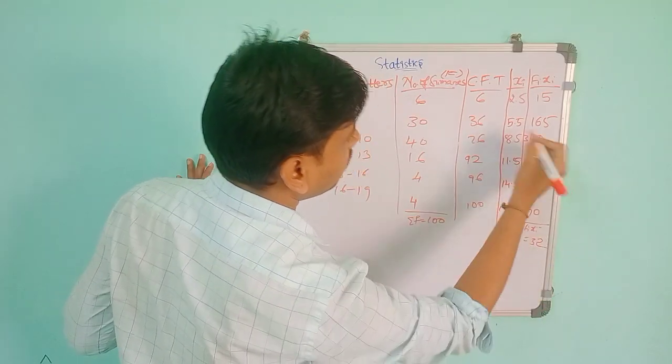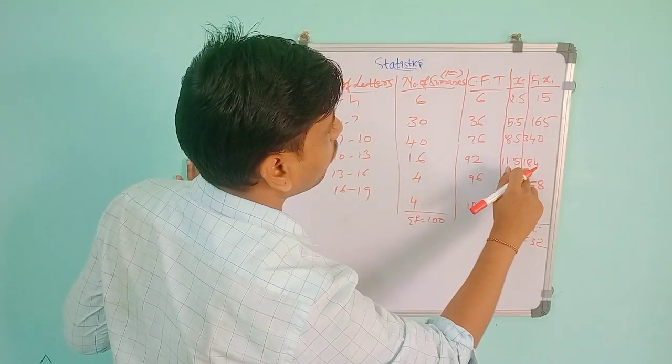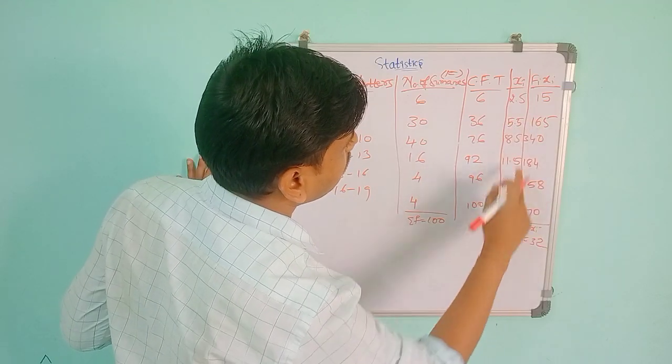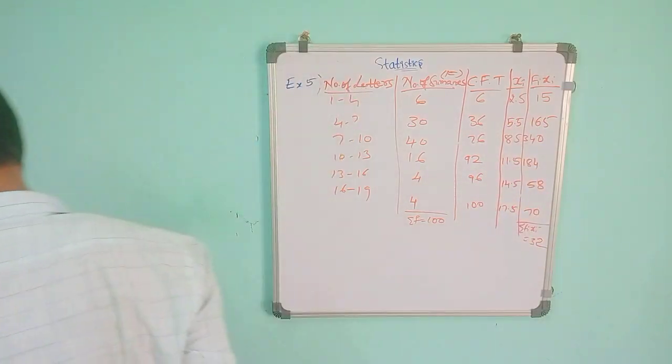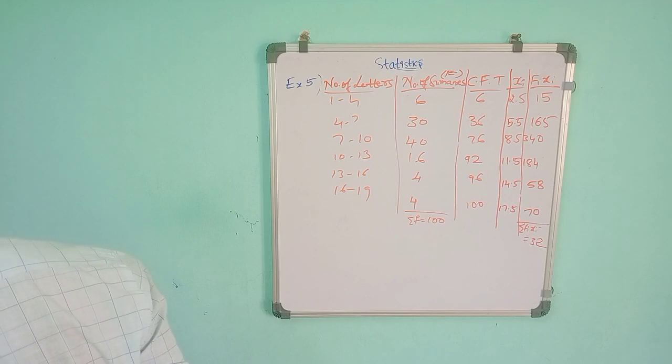So 3 carry, 3 means 3 1 4, 4 1 5, 5 32. Is it coming 532?